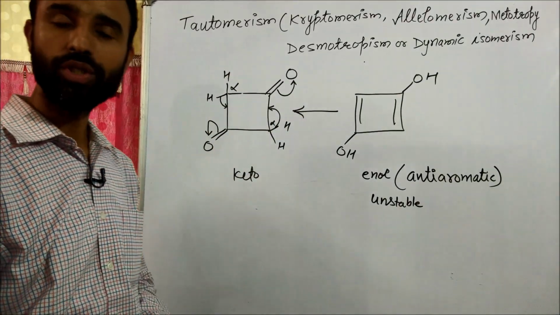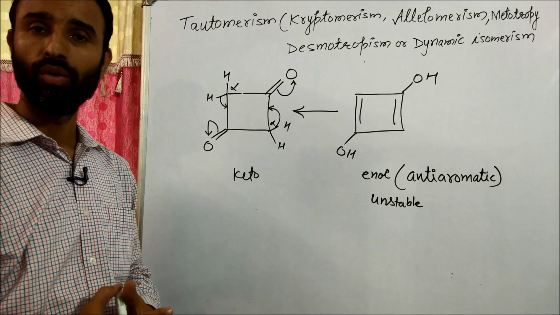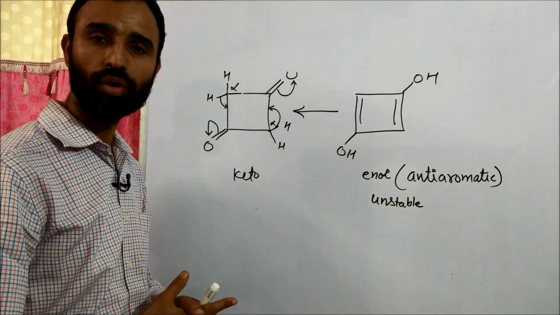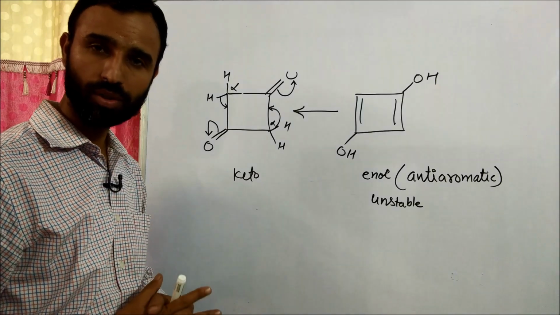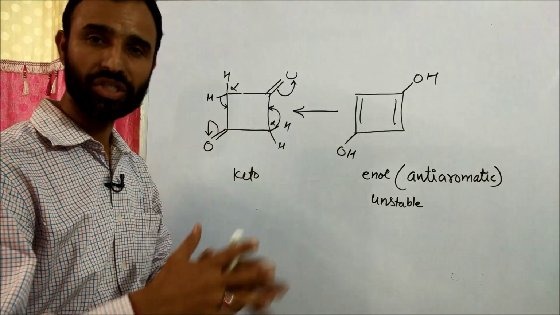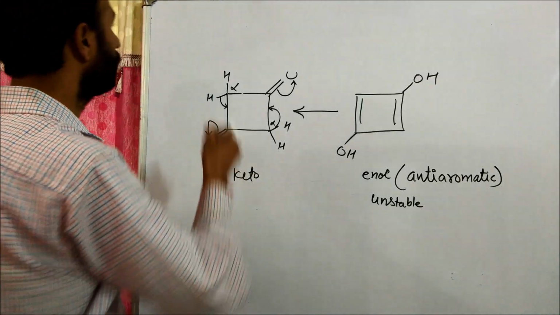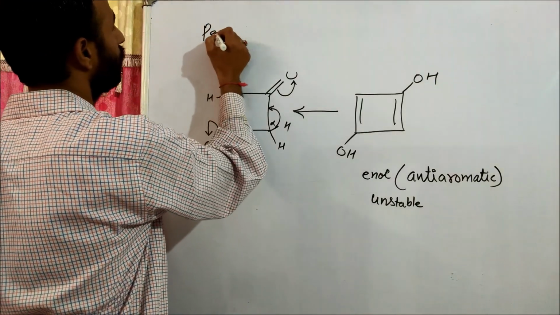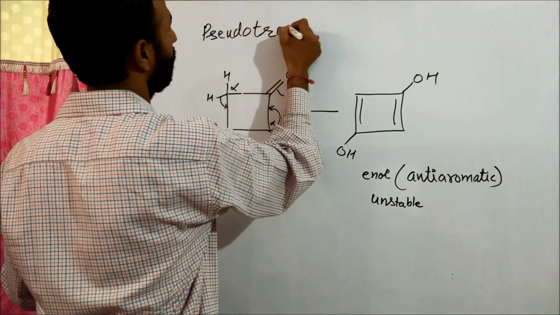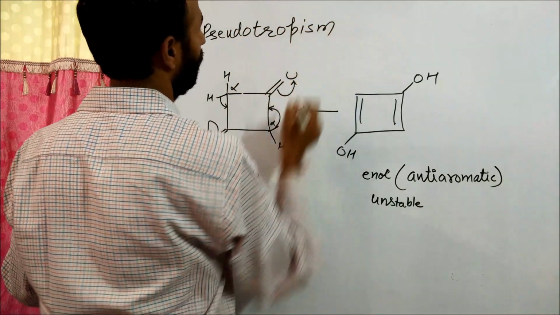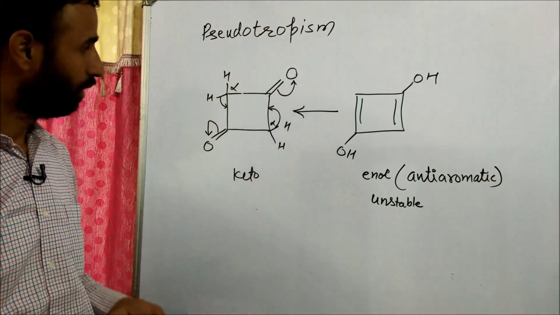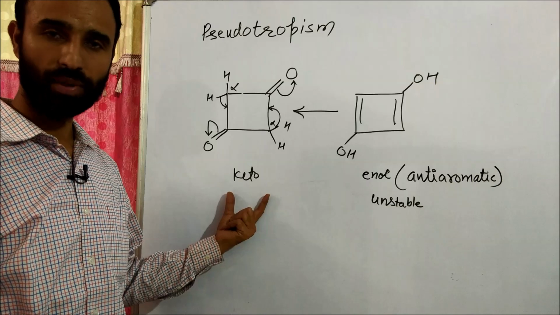A term used in those cases where there is a possibility of 2 or more tautomeric forms, but only one is formed or only one exists, is known as pseudo tropism. So this is a case of pseudo tropism. Only keto form exists.